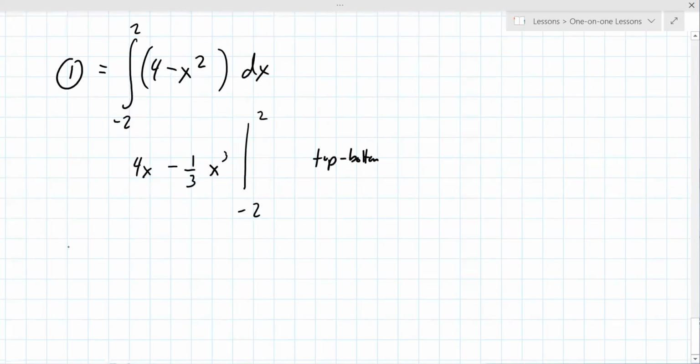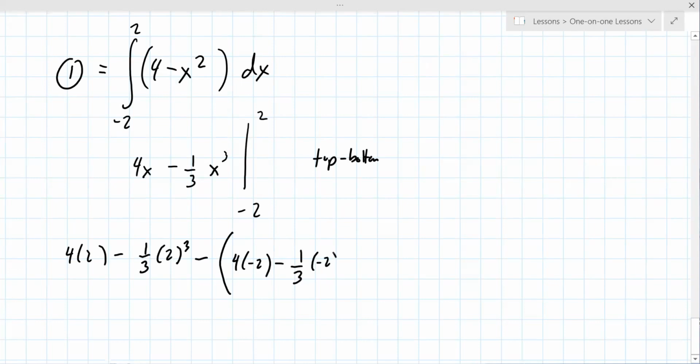So in this case, it's 4 times 2 minus 1/3 2 cubed minus, and then I put a big parentheses here, 4 times -2 minus 1/3 times -2 cubed. So 4 times 2 is 8. 2 cubed is 8 times 1/3 is 8/3, so minus 8/3. This is -8, but because of the subtraction, it becomes +8.